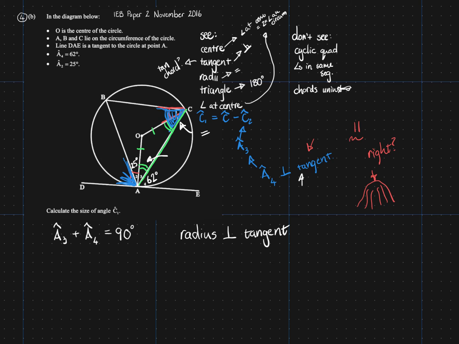Then I can work out what A3 is. Therefore, A3 is equal to 90 degrees minus A4, which of course, let's do that. A3 is equal to 90 degrees minus 62 degrees, and that gives me 28 degrees.